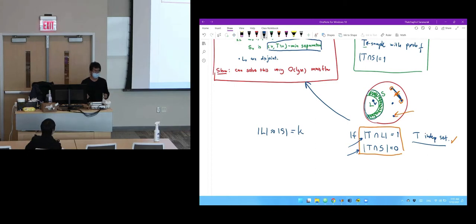Yeah, we would just sample with probability 1/K again. Likely, with some constant probability, you only get one node in L and nothing in S. But this may not happen in the general case, right?